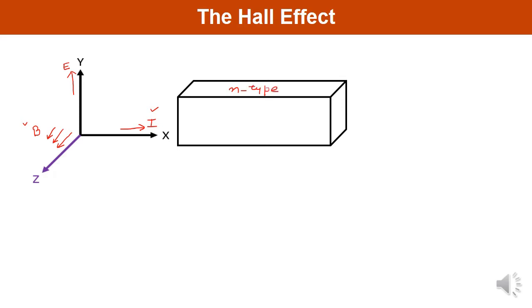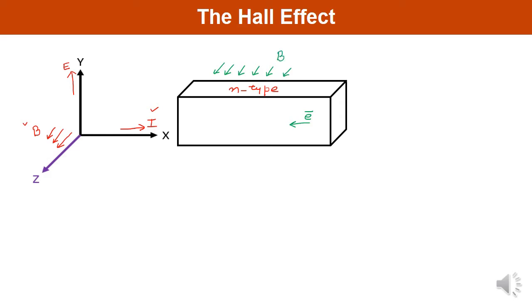If the electric field is applied in the positive x direction, then electrons, which are the majority charge carriers in n-type, will move towards the left, that is, towards the minus x direction. Because of the magnetic field as well, which is in the z direction, what will happen over here?